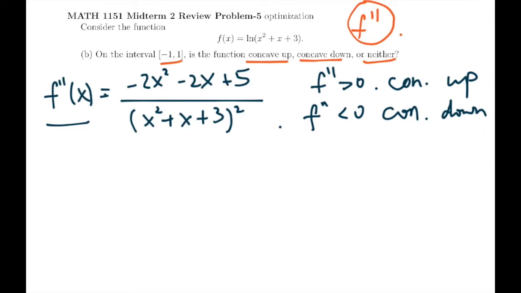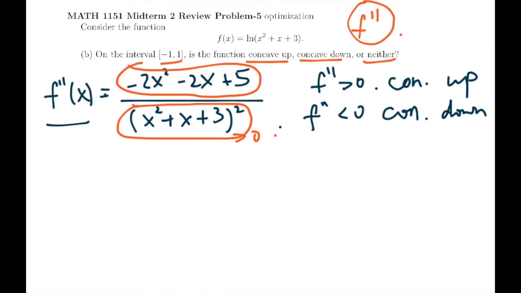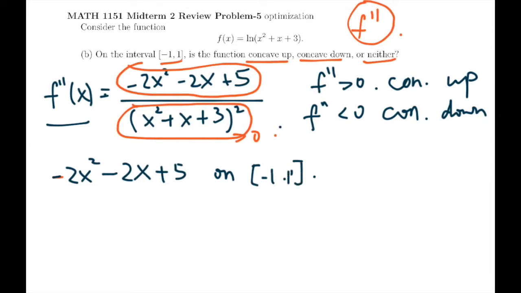If we look at this f double prime function carefully, we can see that the denominator is something squared, so it is always positive. So it is sufficient to look at the numerator, and we need to tell the sign of -2x squared minus 2x plus 5 on the interval from -1 to 1.